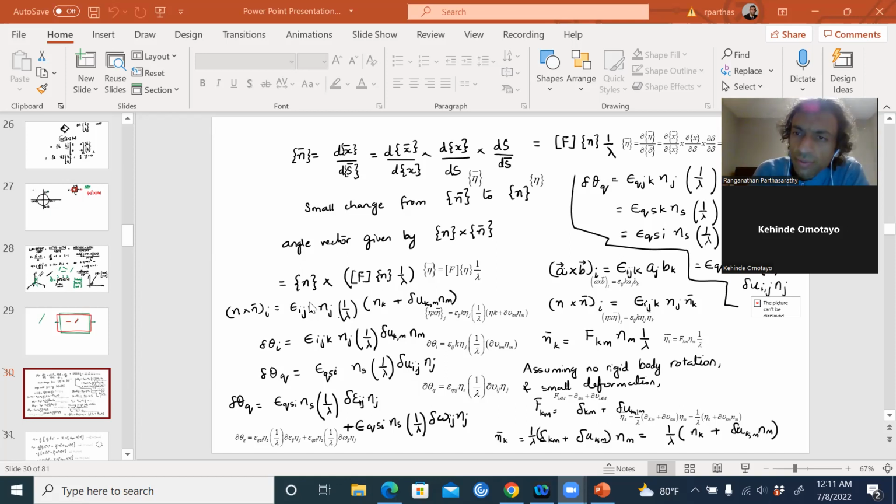When theta is small, then sine theta is approximately theta, right? Okay, so now take, this is n.